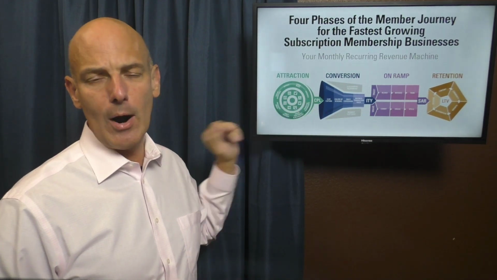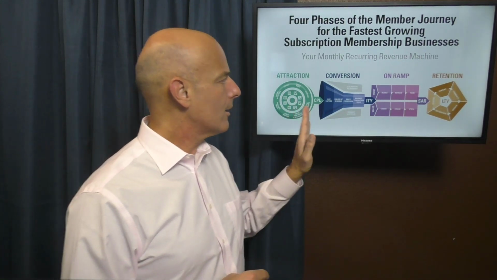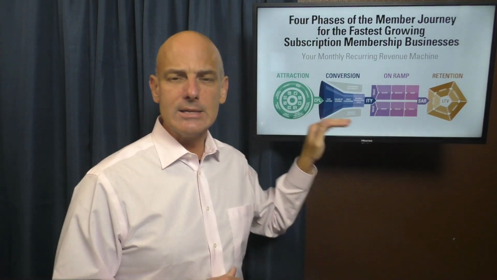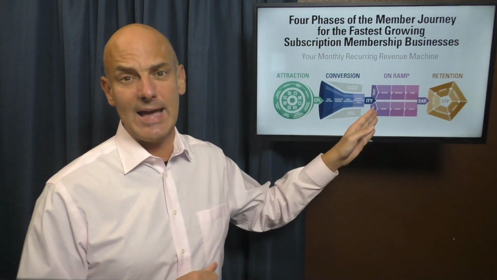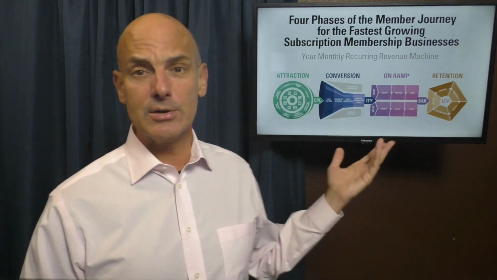So attraction is focused on generating new traffic into your business, and you measure that by cost per lead, CPL. The conversion metric is focused on converting those leads into paid customers, and you look at that by the initial transaction yield, which is the dollar value of the initial transaction, with any upsells you have in that transaction, divided by the cost per sale.